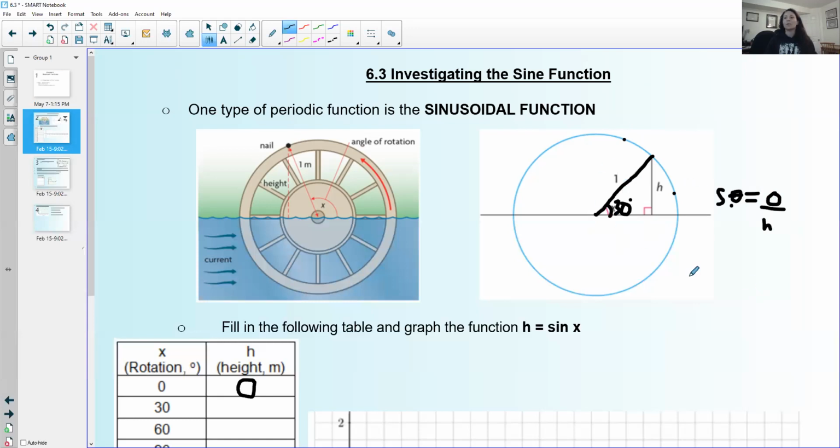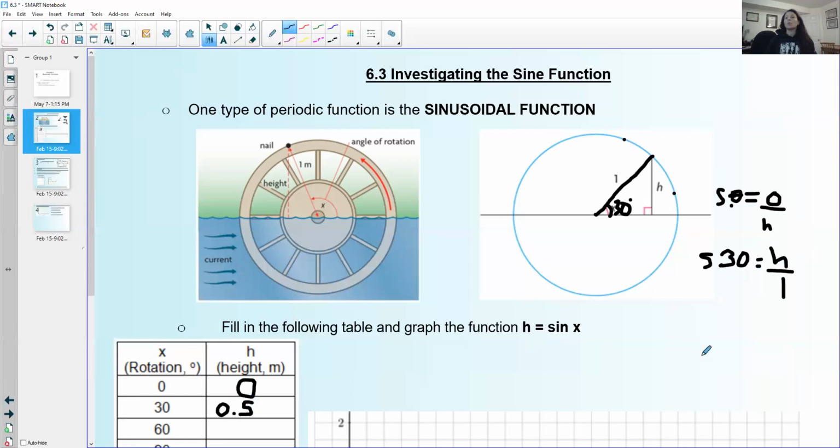In this example, sine of 30 is the opposite, which I've labeled h for height, over the hypotenuse, and my hypotenuse is 1. In our scenarios it's always going to be 1, which is why I wanted you to have that radius of 1. So if I want to know what the height is, I just have to find sine of 30. You can take your calculators and plug in sine 30. When you do, you should get an answer of 0.5. If you're not getting 0.5, please make sure your calculator is in degree mode.